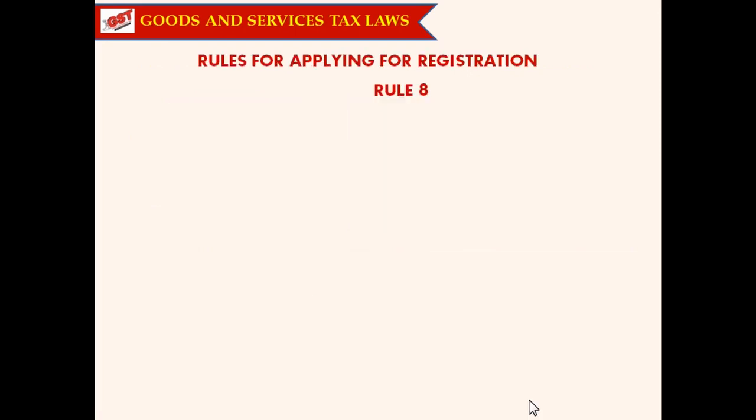What are the rules for applying for registration under Rule 8? This is the process for applying for registration as given under Rule 8. You have to apply first in Part A of form GST REG 01 with some details required for applying for registration.